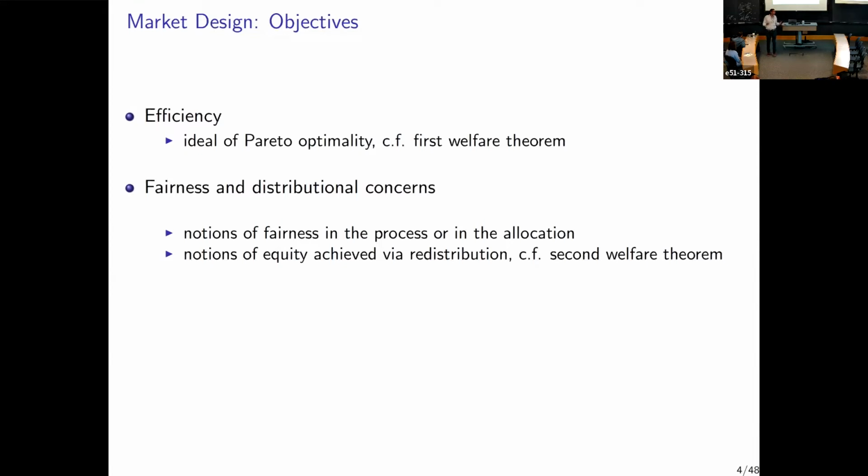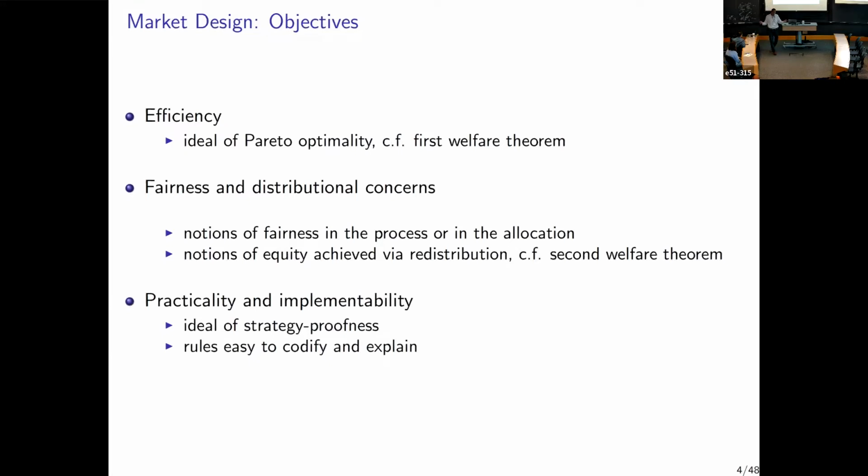And we're also going to be sometimes constrained by some notions of fairness, either in the procedure, that is, people that are equal need to be treated equally, what people call procedural fairness, or fairness in the allocation, where we want a particular number of seats in a school to go to a particular type of students, for example.